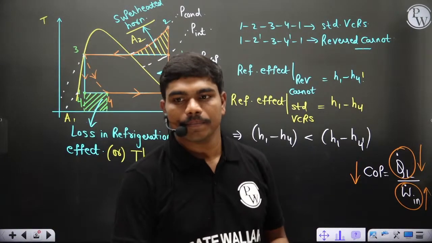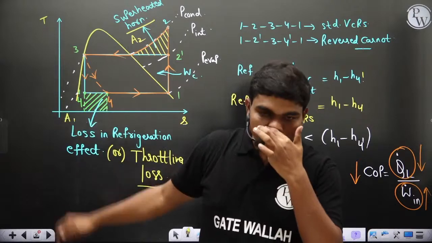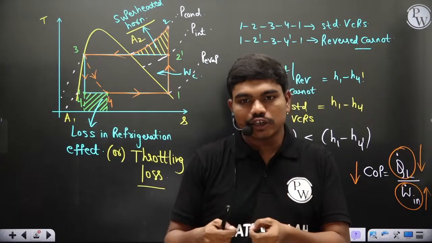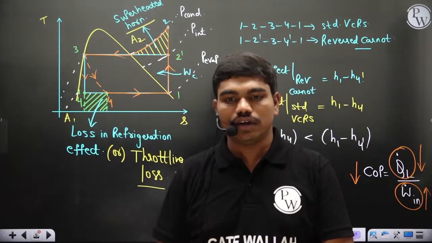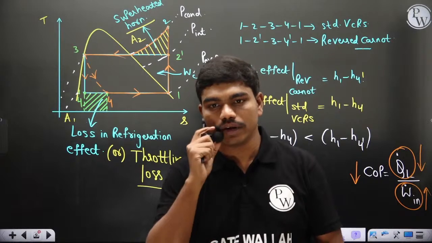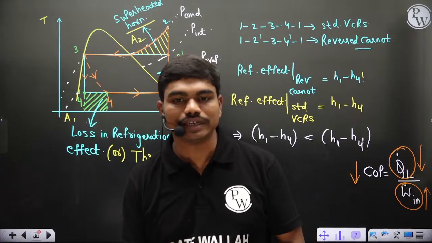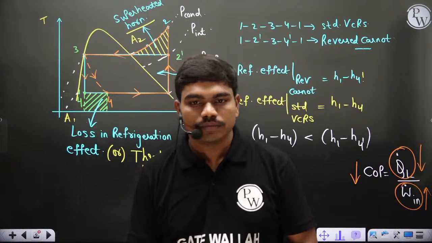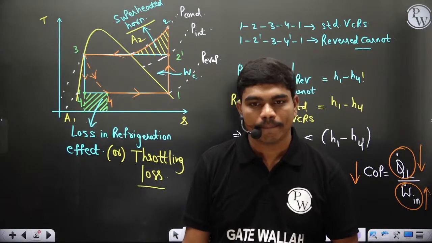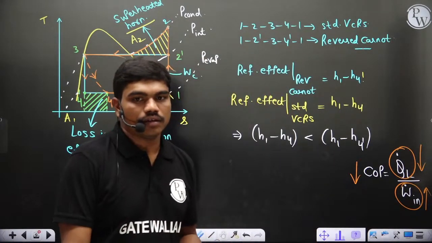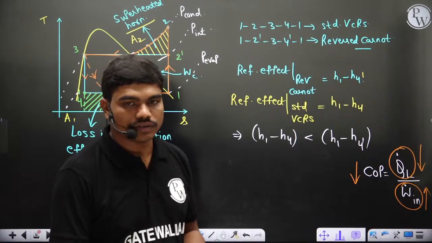Got it? And depending on A1, A2 values, we decide how close our cycle is to the actual reversed Carnot cycle. Got it? Yes or no? So please type in the chat box. Okay, yeah, got it, right?